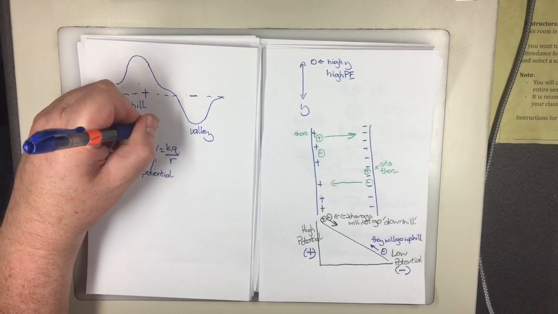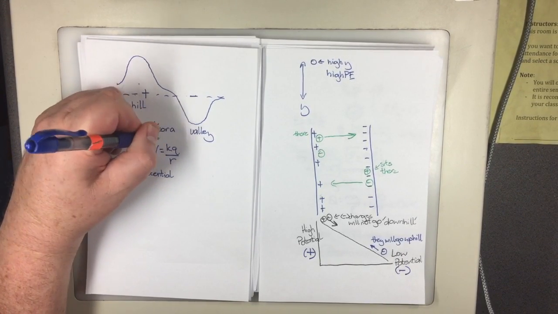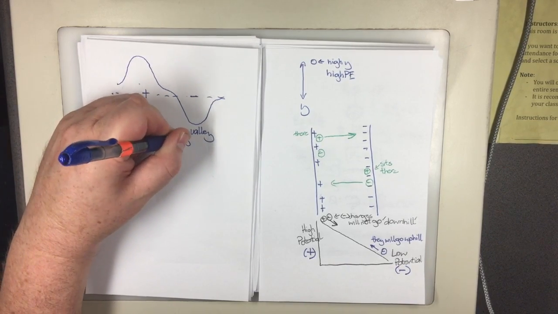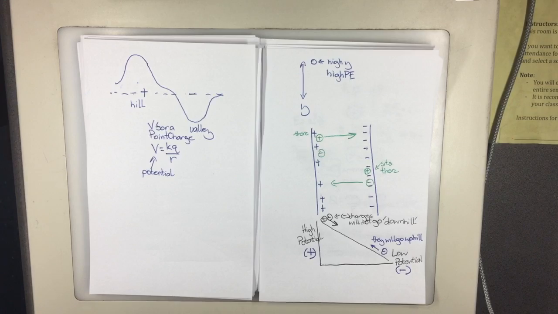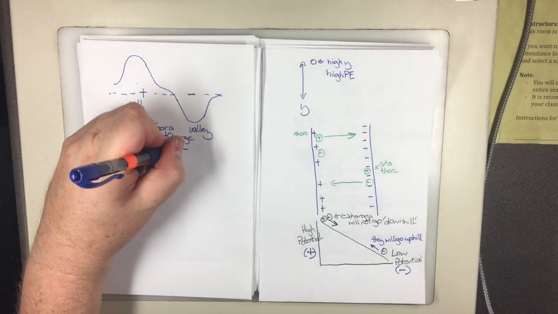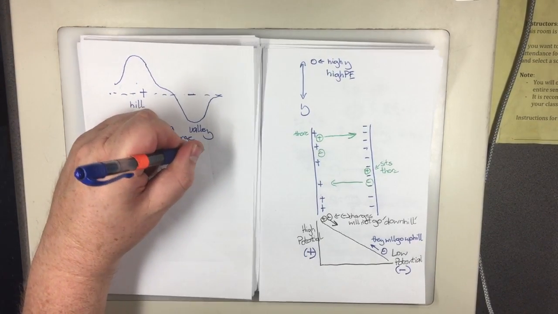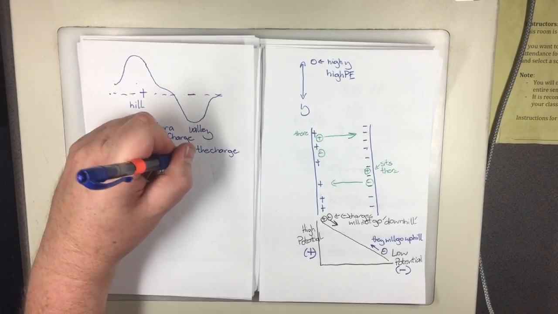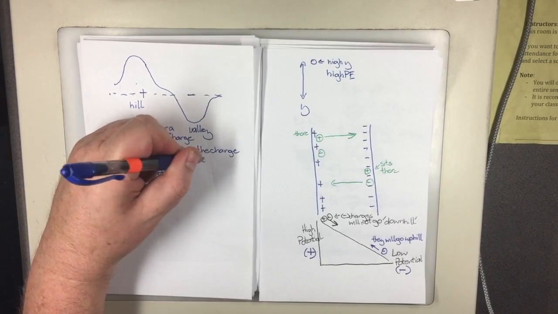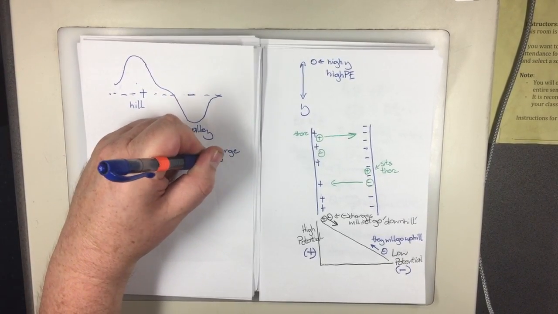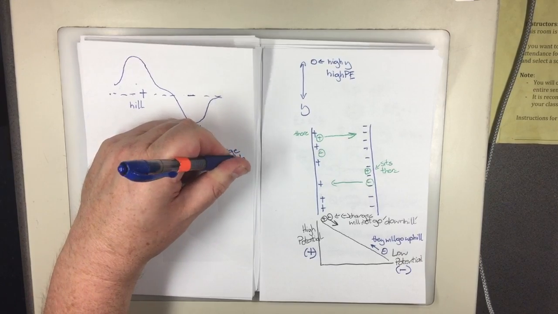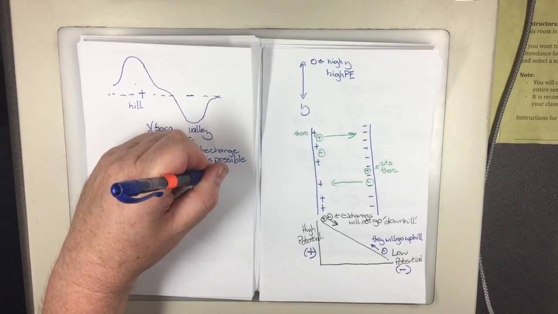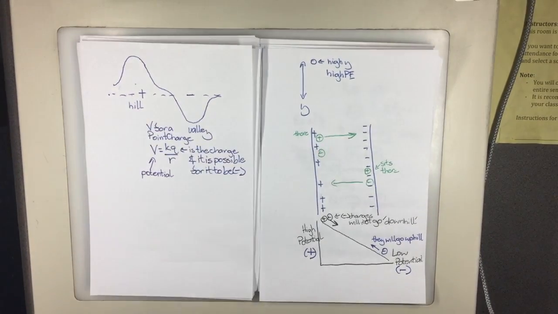This is V for a point charge, KQ over R. And Q is the charge, and it is possible for it to be negative.